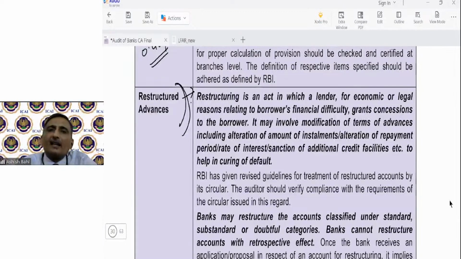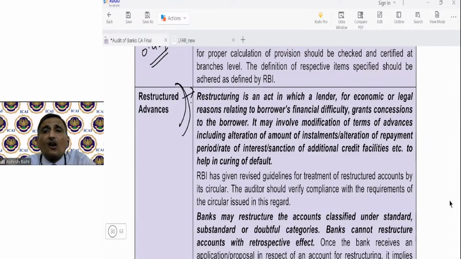Say earlier the loan was required to be paid in 5 years. Now they may reduce the EMIs and say, okay, we revise the sanction and we restructure the account, and the loan would now be repaid in 6.5 years, not in 5 years, so as to ease the burden.